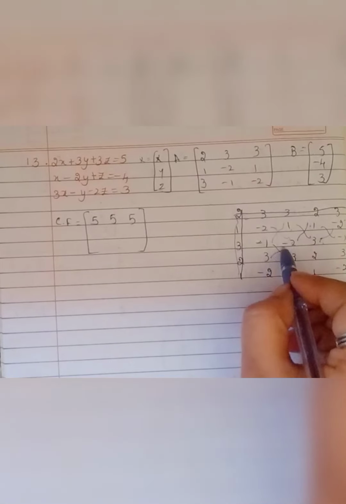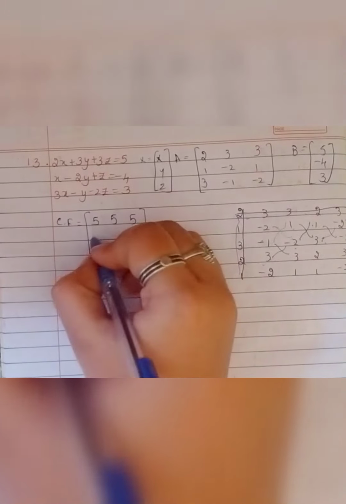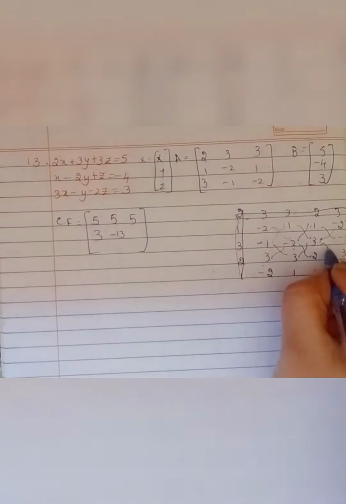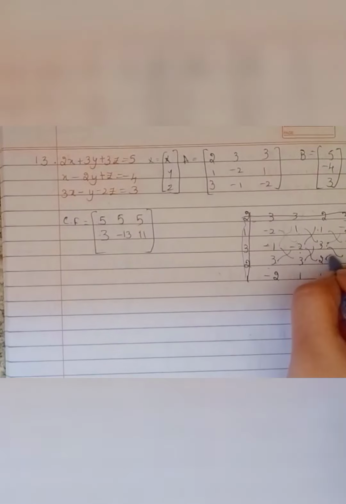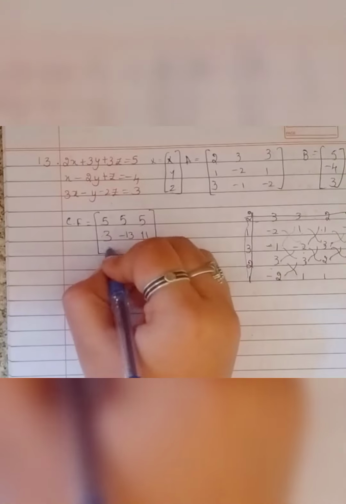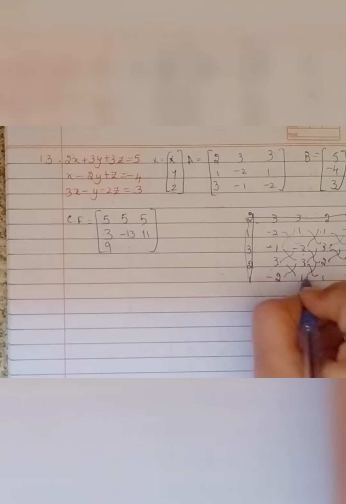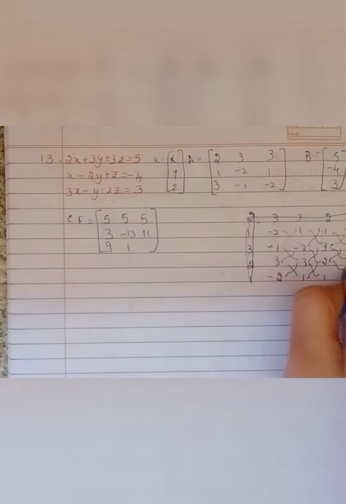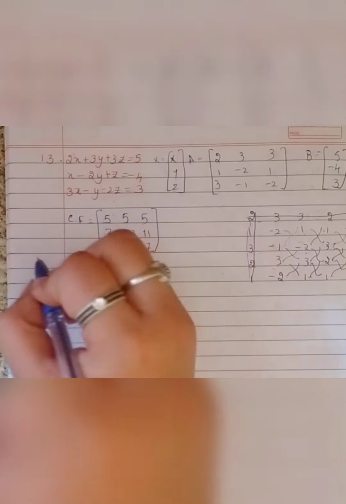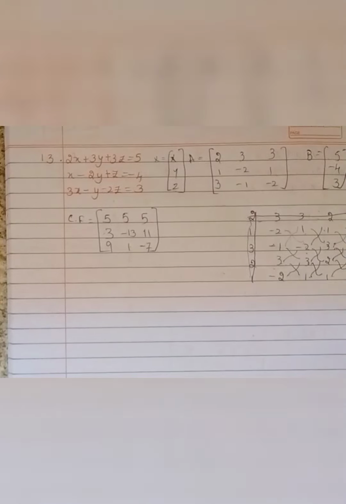Next, minus 3 plus 6 is 3. 2 2s are 4 minus 9. 4 minus 9 is minus 13. 3 3s are 9 plus 2 is 11. 3 plus 6 is 9. 3 ones are 3. Minus 2 is 1. Minus 4 minus 3 is minus 7.